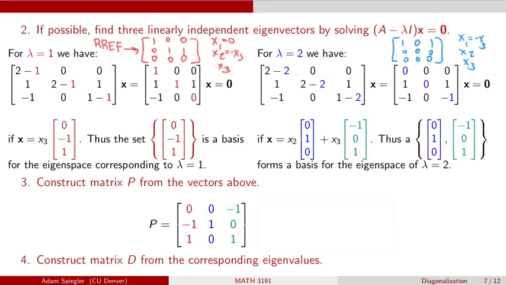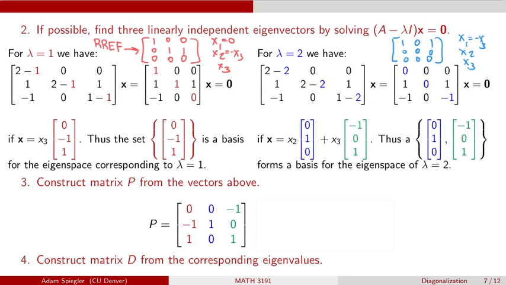And this matrix P I can construct by taking the first eigenvector I found and making that the first column, taking the second eigenvector that I found and making that the second column, and then the third eigenvector becomes the third and final column to this matrix P. And the ordering that you slot in these vectors doesn't really matter. It's just going to affect the ordering of the diagonal entries on our matrix D that we get in the end. So that's one point to make.